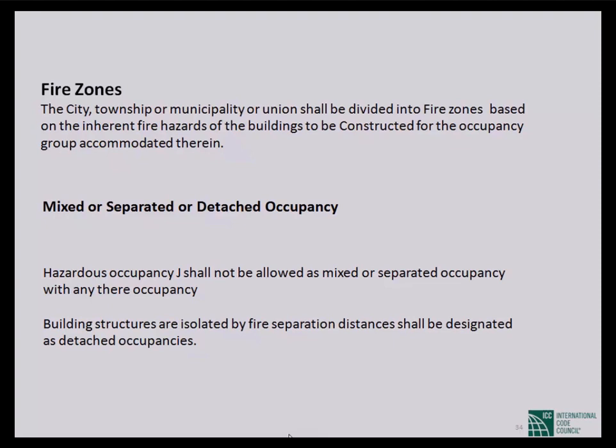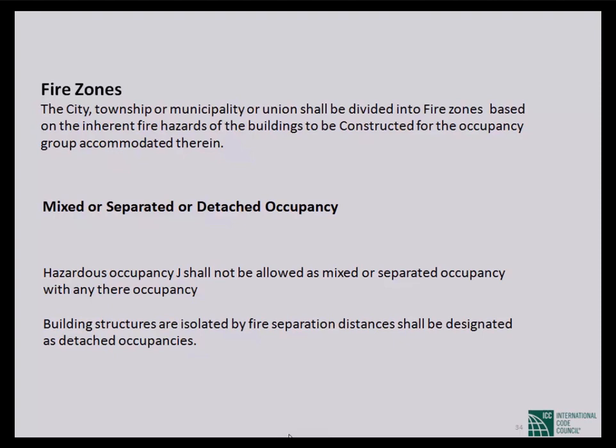Detached means totally detached, meaning a building very close to another, or maybe not close together, in the same premise. So these two buildings are detached. You can ask the question: detached means how far? It may be 1 foot, it may be 3 feet, but it is detached.